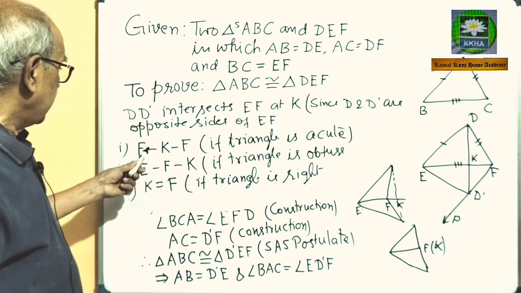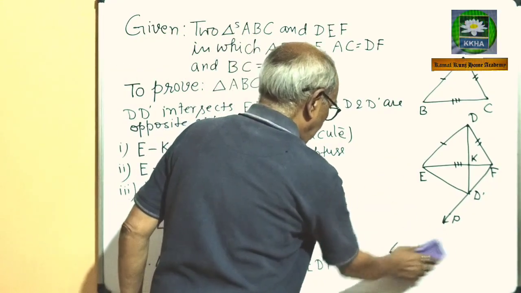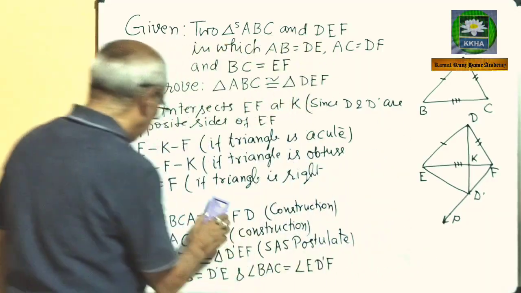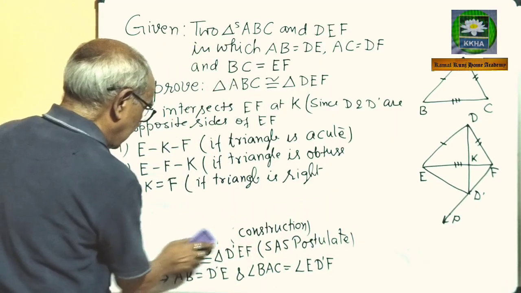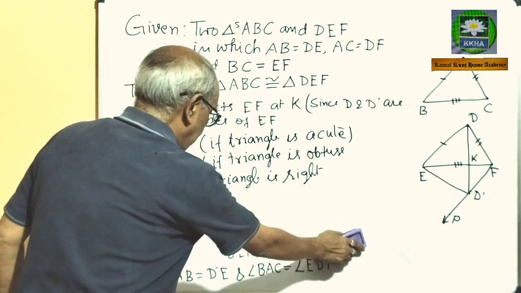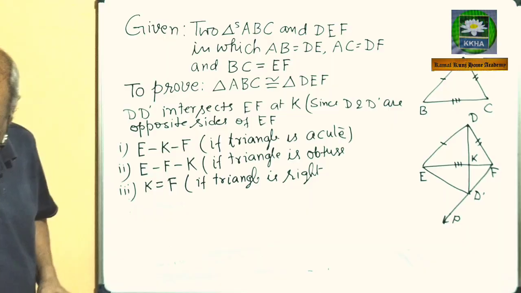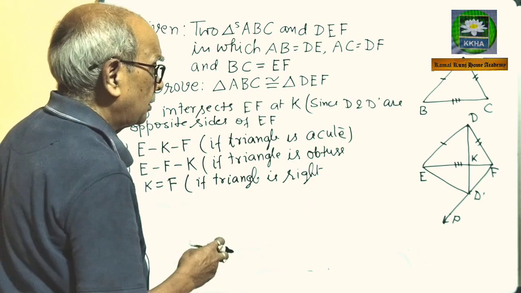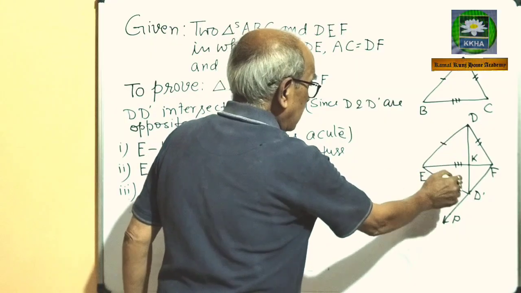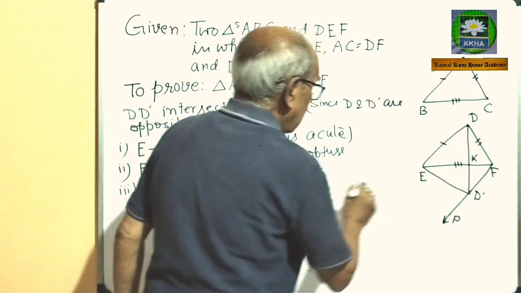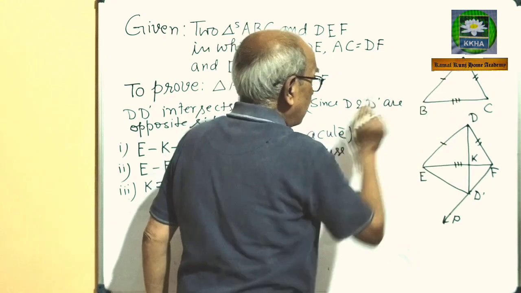Now we will take up the first case, when K is between E and F. In triangle EDD dash, ED dash is equal to ED, we have proved.